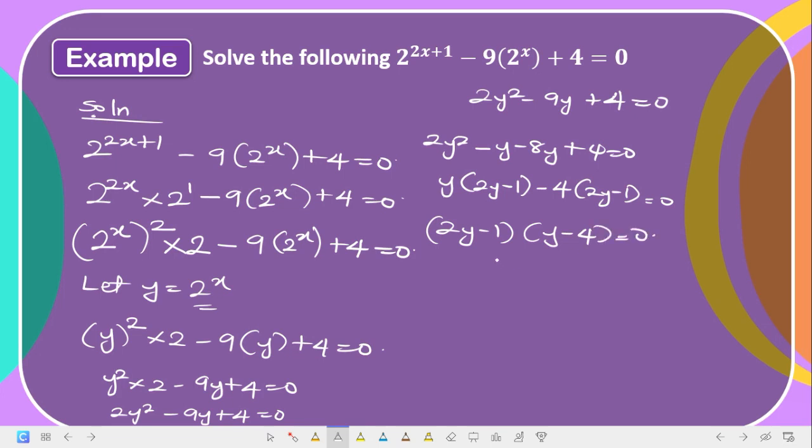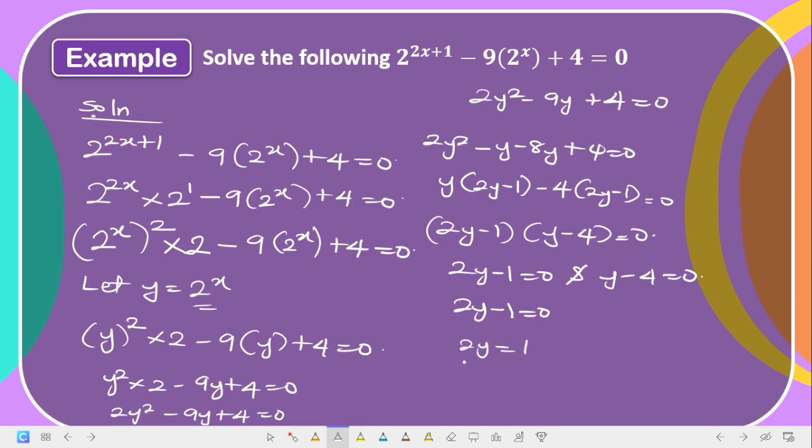Now, when you have something like this, from our basic factorization of quadratic equation, this becomes 2y minus 1 is equal to 0, and y minus 4 is equal to 0. For 2y minus 1 equals 0, this will give us 2y equals 1, if minus 1 crosses here it becomes 1.